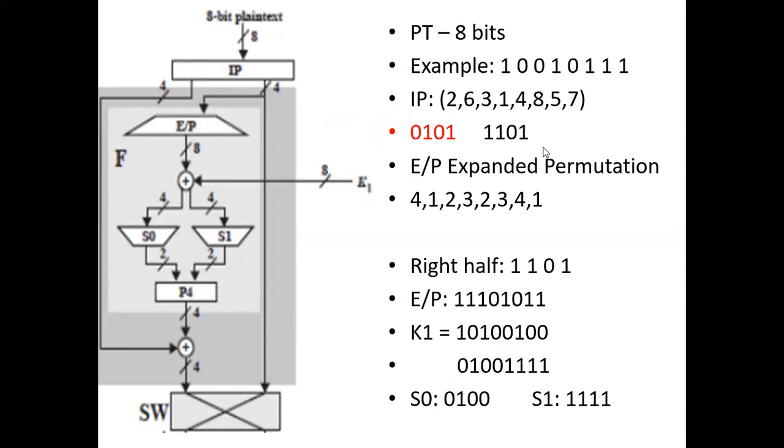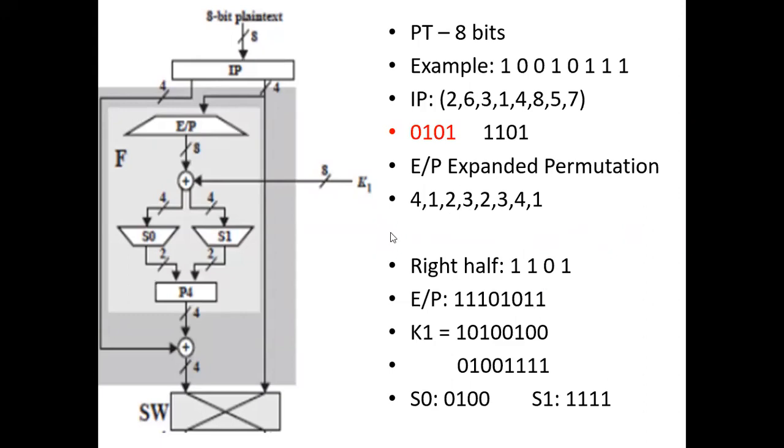For the expanded permutation, the predefined sequence is 4, 1, 2, 3, 2, 3, 4, 1. Now you are going to perform the expanded permutation as per the sequence. This right part is going to be rearranged.